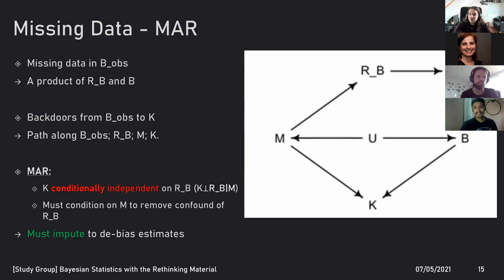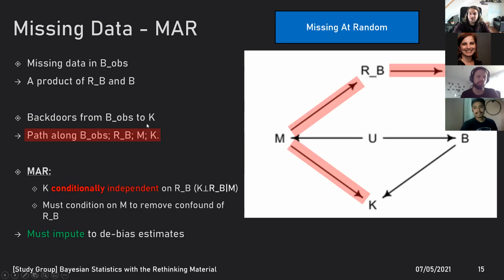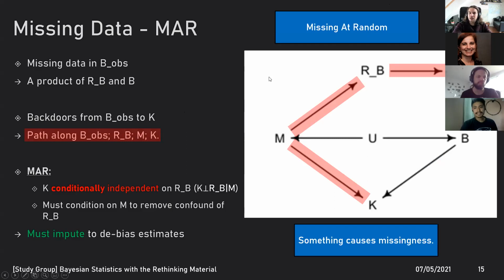So now our model needs to include M as well. So we must condition on M to remove the confound going from RB into K. Sorry, going from B obs via RB into K. In this case, we must impute the missing data to debias our estimates. This is missing at random, where we have this path right here that gives us our backdoor.